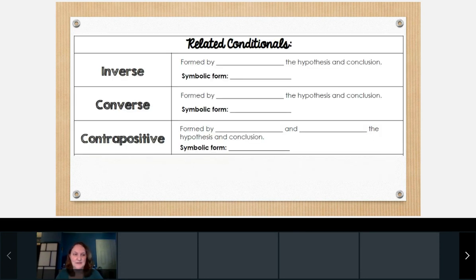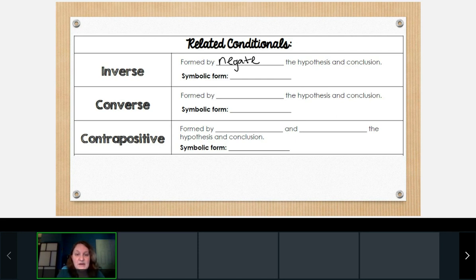Now, we have the conditional statement. It's an if-then, but I could do things with that P and that Q and change the sentence slightly, which some of you were typing in the chat and asking me about. So you'll see that in just a second. Our conditional statement is an if-then form, but I could also write the inverse, and the inverse is when I negate the hypothesis and the conclusion.